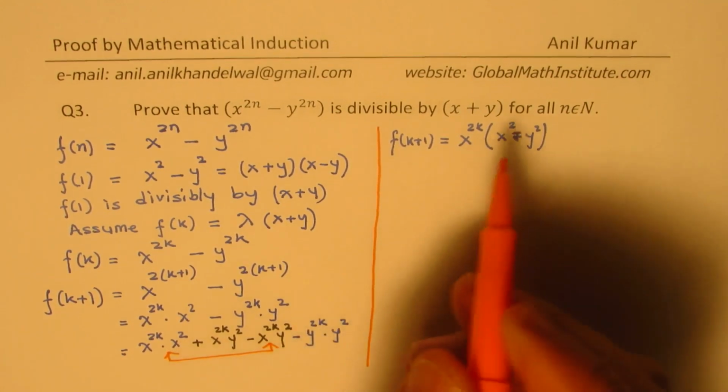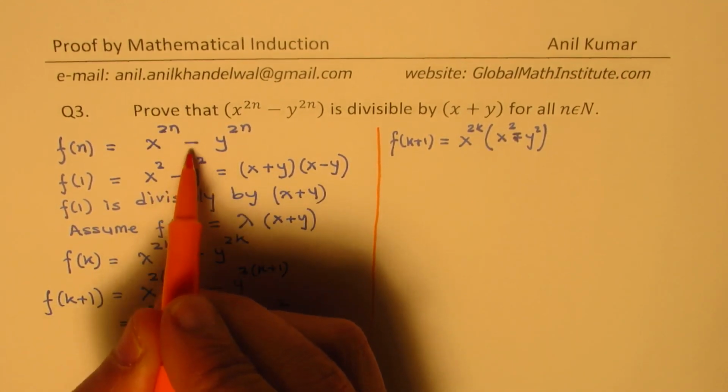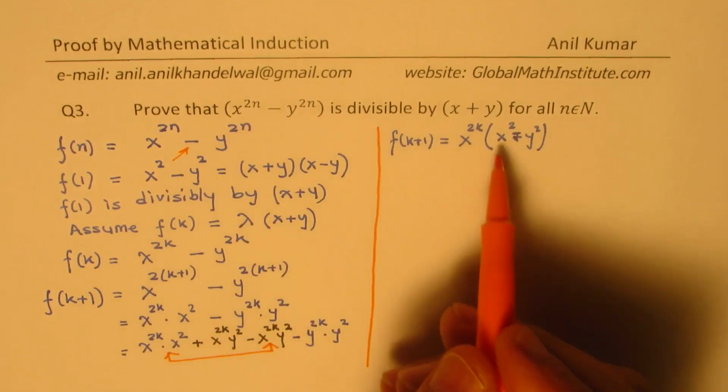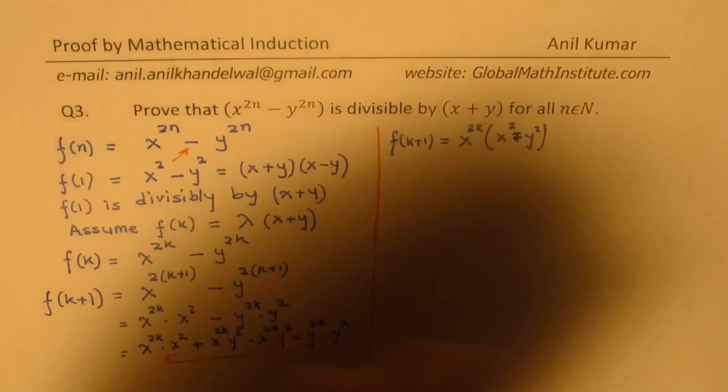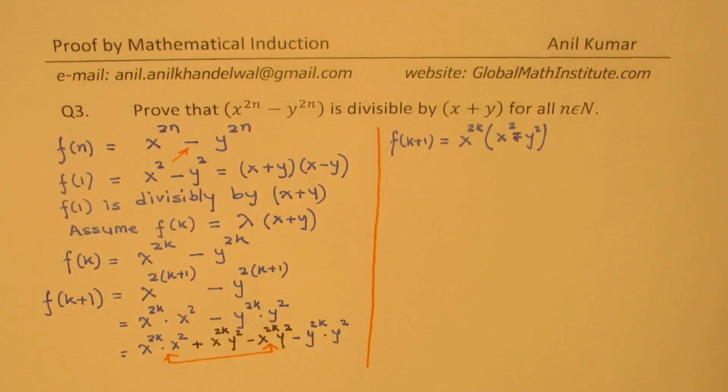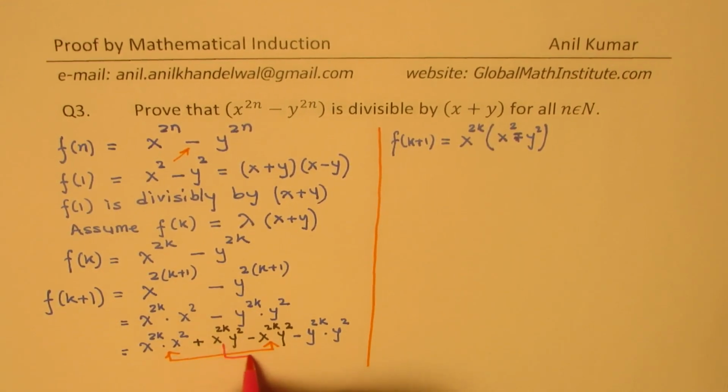We'll take these two terms, right? Since we want minus, right? Do you see the sign minus? So we'd like to maintain that. So we'll take first and the third term, and then we'll take the second and the fourth term. Is that clear to you?